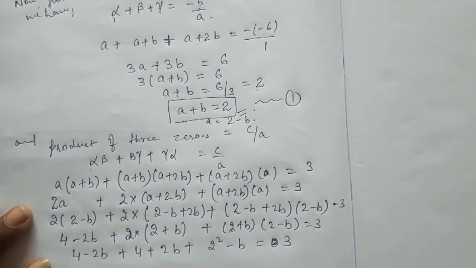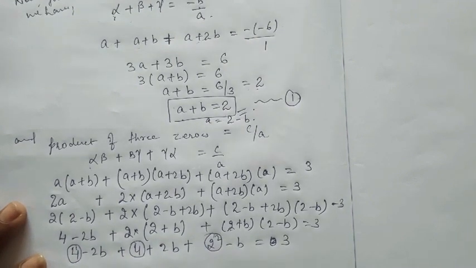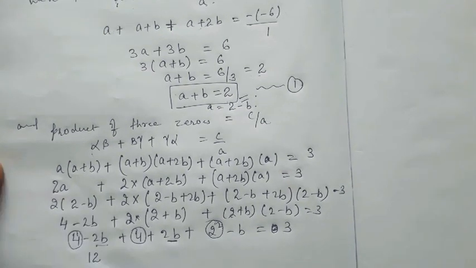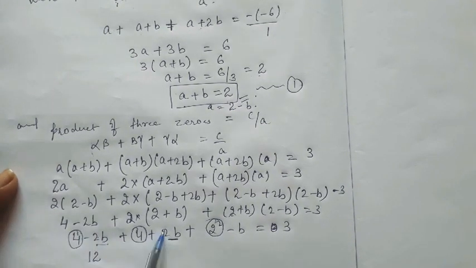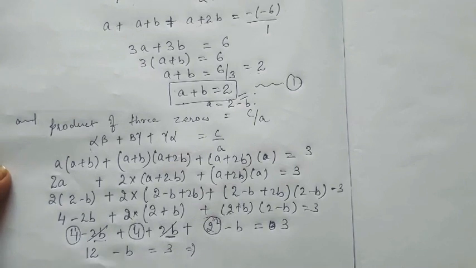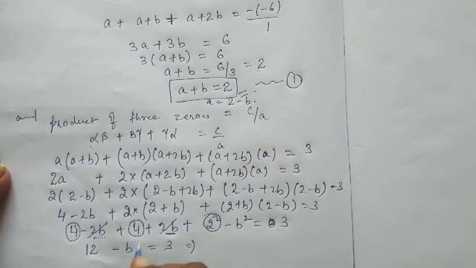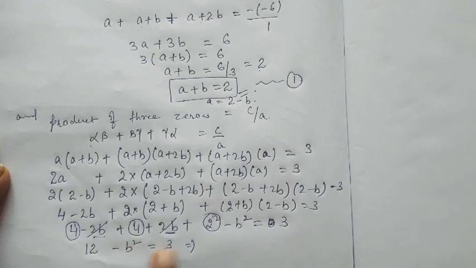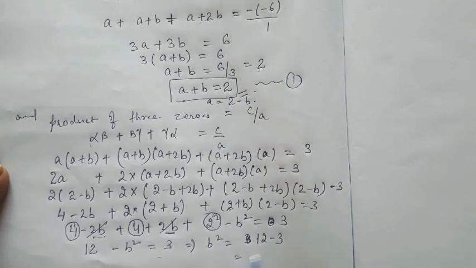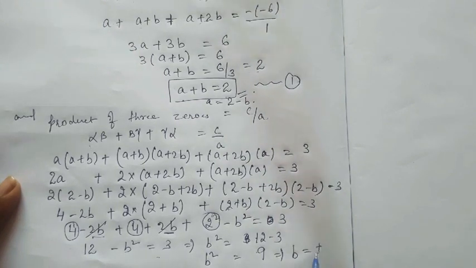So 4 and this 4 is 12, minus 2b and 2b cancel out. We are left with 12 minus b square is equal to 3. From here we can solve it for b square, that is 12 minus 3, and we got 9, and we got the value of b is equal to plus minus 3.